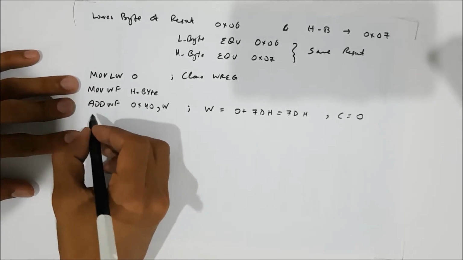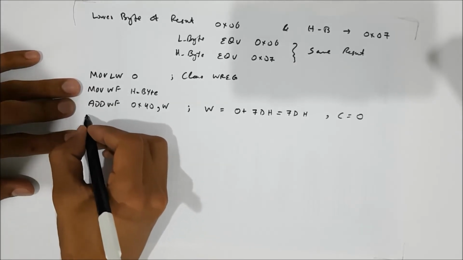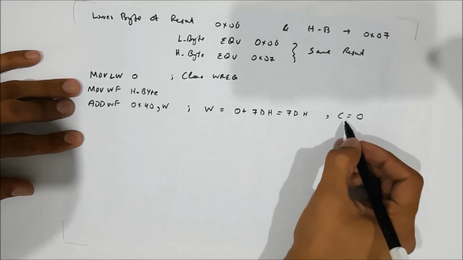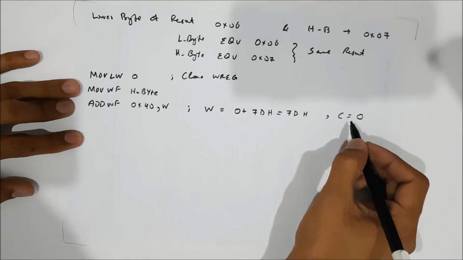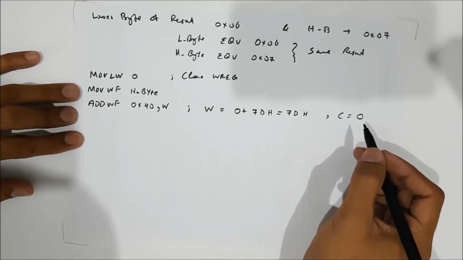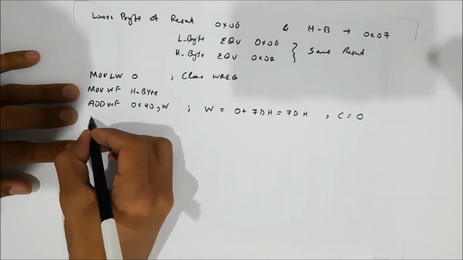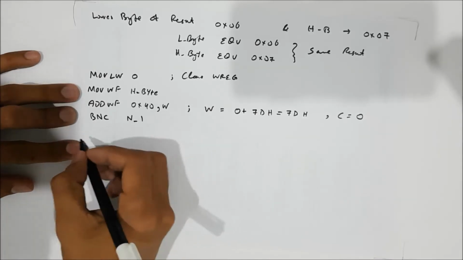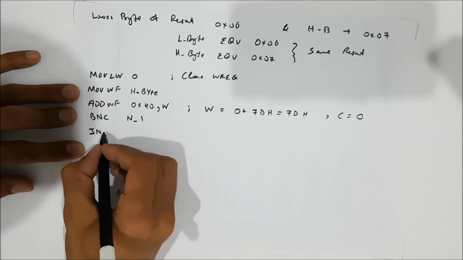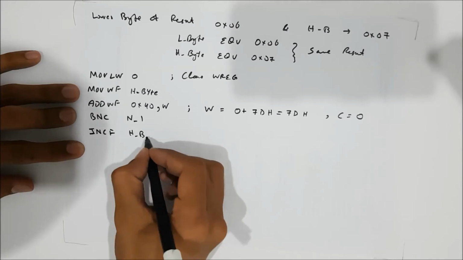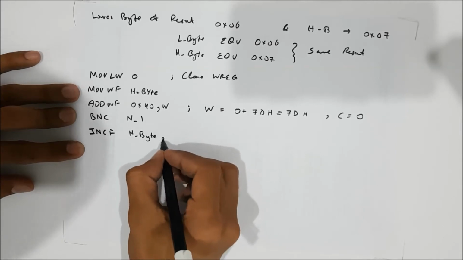Then in the next step, we want to see whether the carry was 0 or 1. We know that it was 0, but the program will not know. So we have to check whether the carry was 0 or not. So BTFSC STATUS, C. Otherwise, increment file register H_byte.